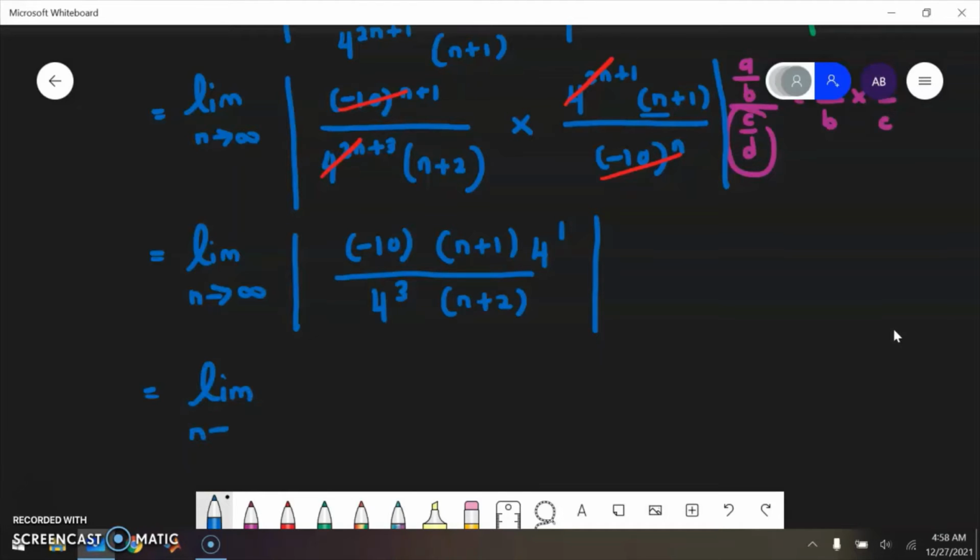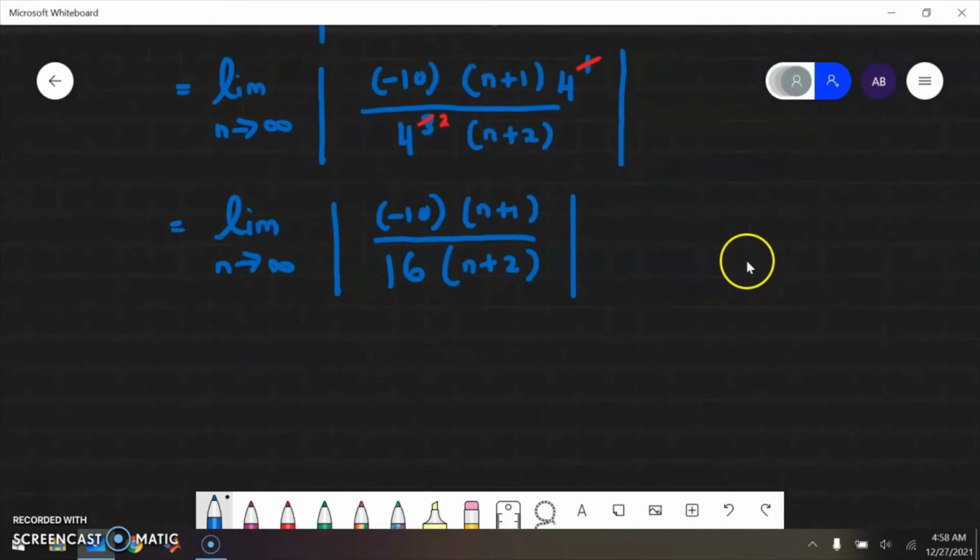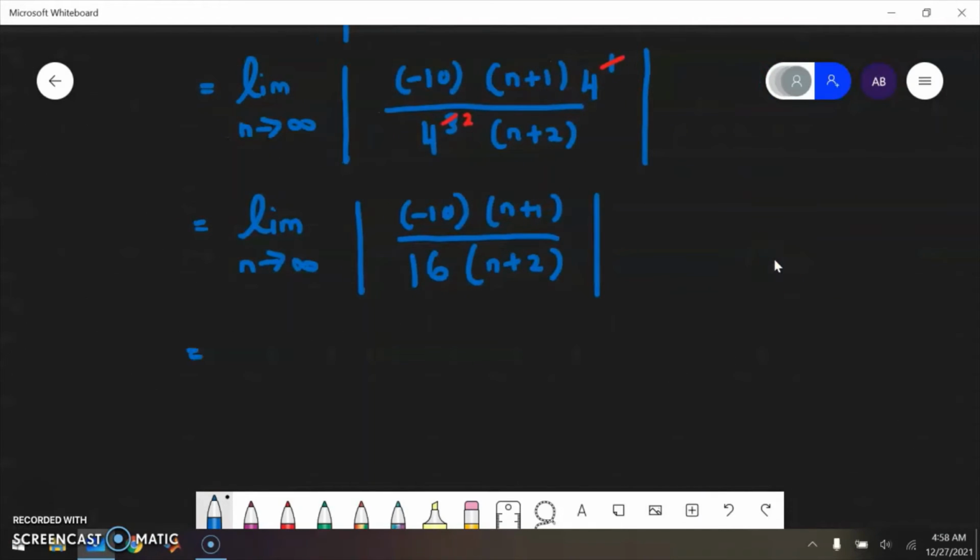So limit n approaches infinity, negative 10 to the power of n plus 1 over the term involving 1 and 3, which leaves 2. So I have 4 squared, which you can write as 16, times n plus 2. Okay, so I can take the constant out, which is negative 10 over 16.